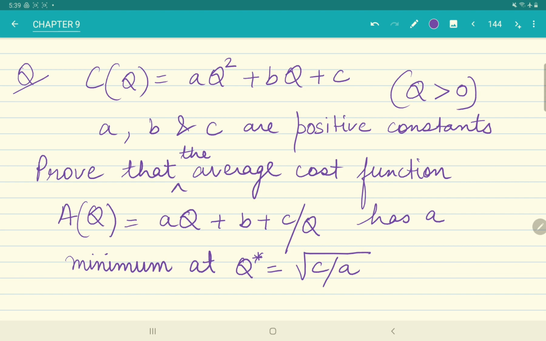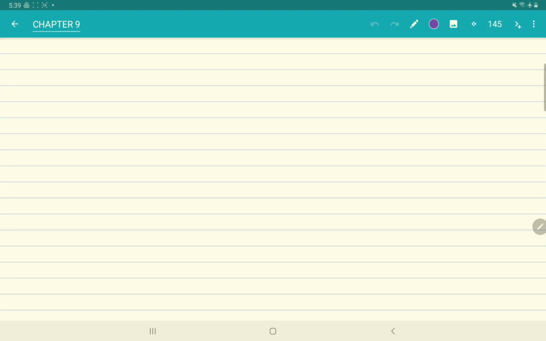This is our question. We have to take up the average cost function and prove that it has a minimum at q star, which is given to us.